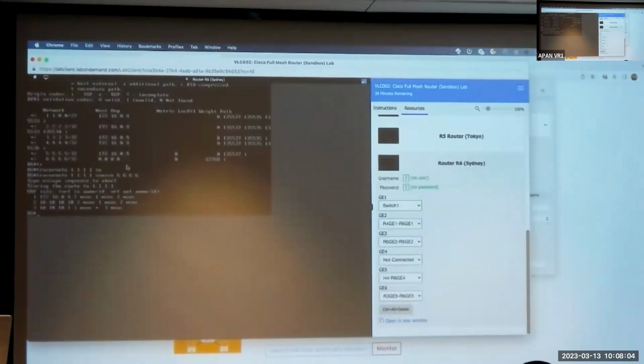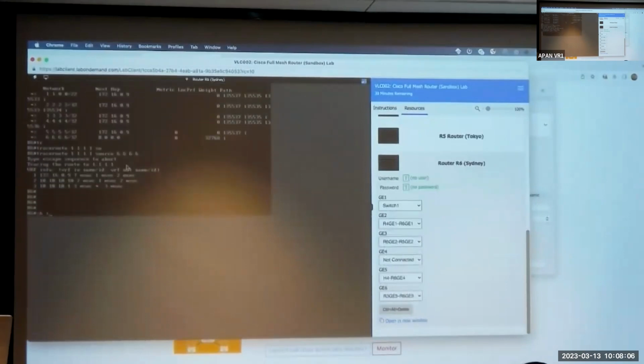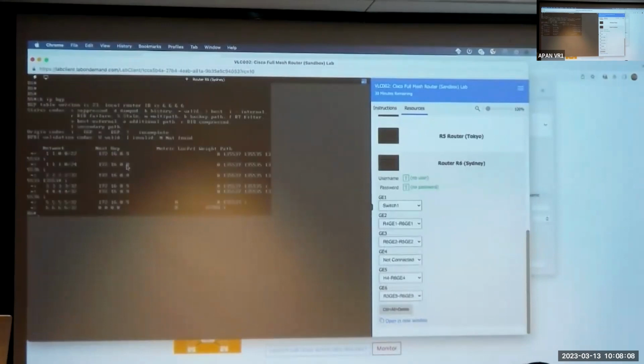Now, if I look in R6, I should be seeing two routes, right? 1.1.0.0/22 and 1.1.0.0/24. But if you look at the path, they're different, right? Oh no, the path is also the same, because this is the main holder of the prefix, right?